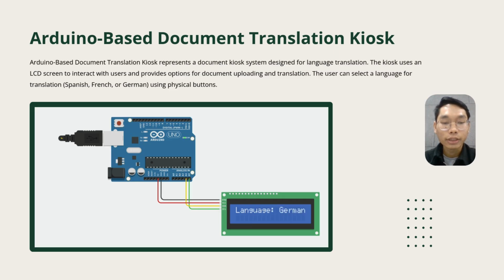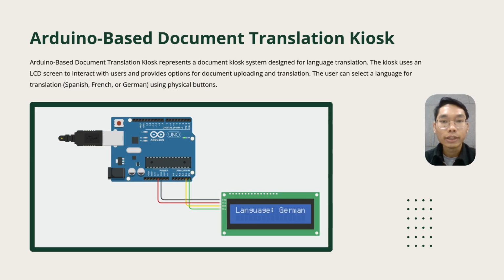When a user approaches the kiosk, they are prompted to select their preferred language. Using three physical buttons, they can choose from Spanish, French, or German. Once a language is selected, the chosen language is displayed on the LCD screen, and the system is ready for the next step.